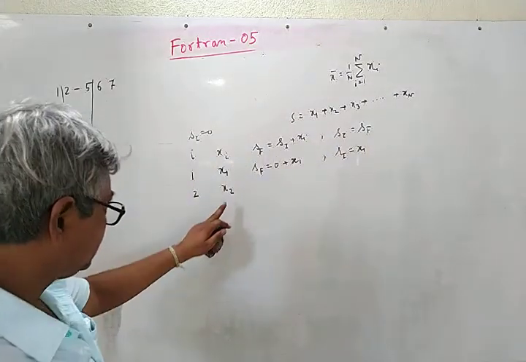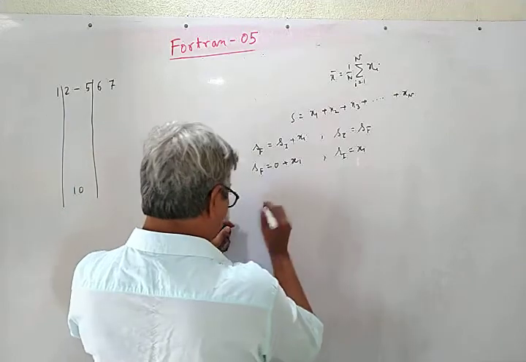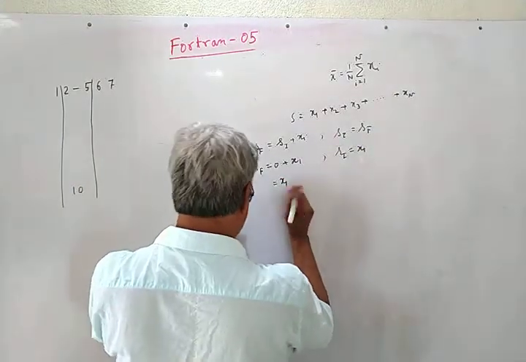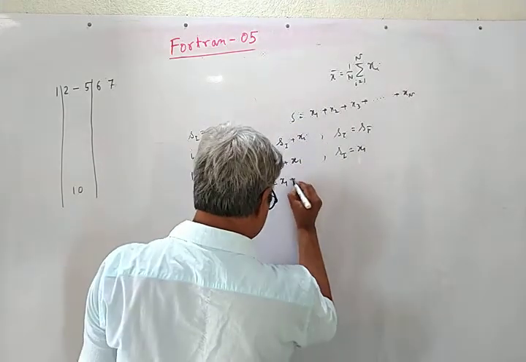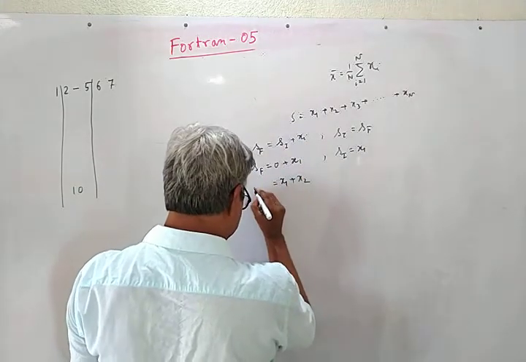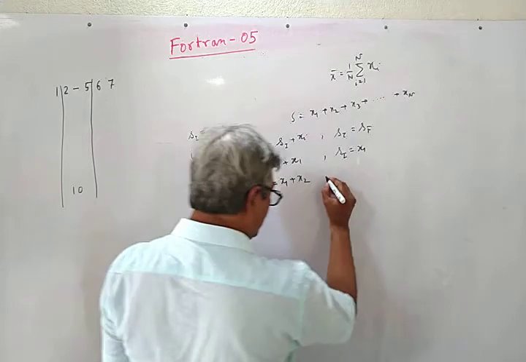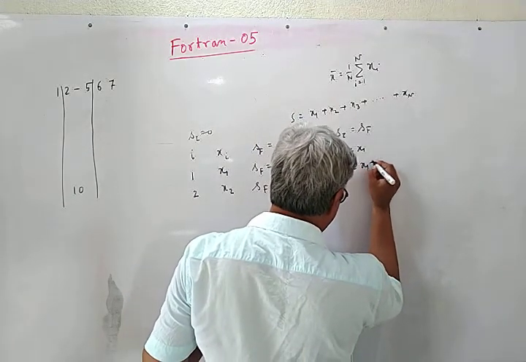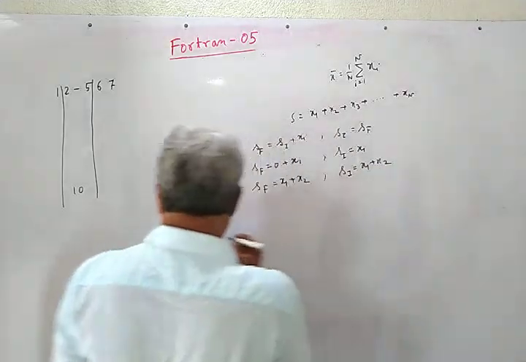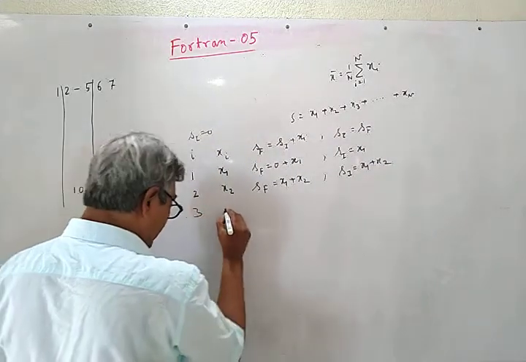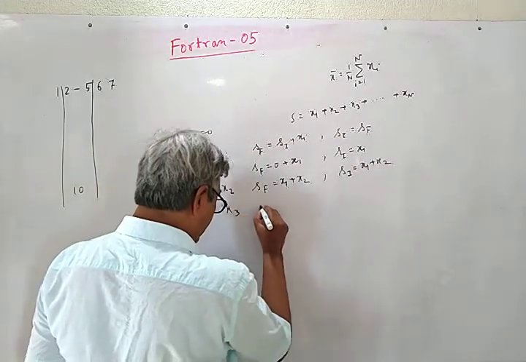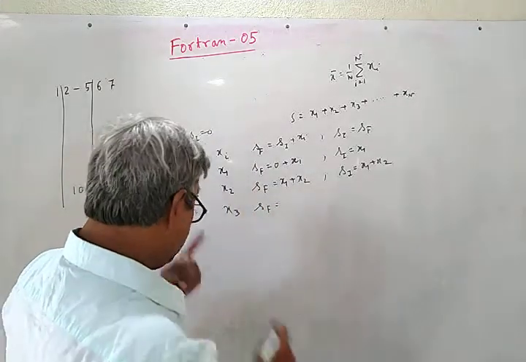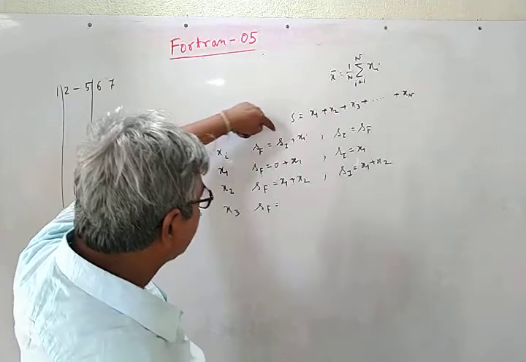In this case it is x2, so for Si it is already x1, and then I add x2, so Sf is x1 plus x2. In this case I get Si equal to x1 plus x2. In the third step the input is x3, so Sf is equal to this much.